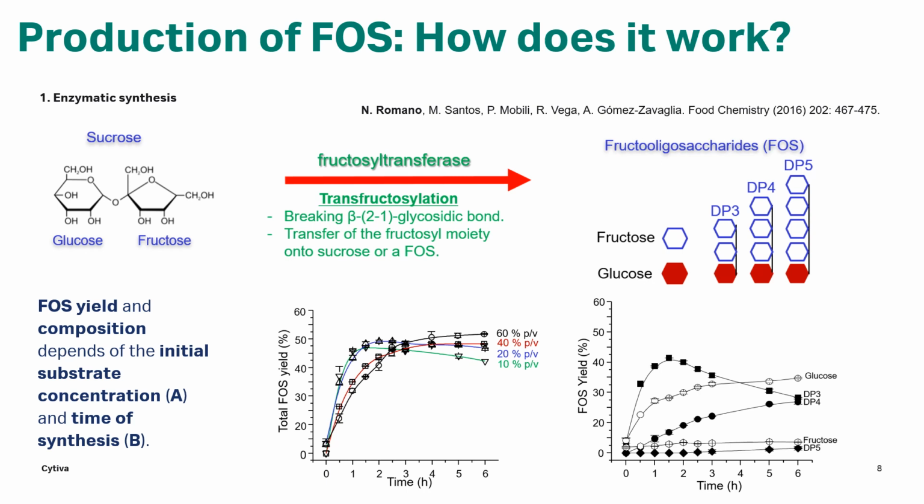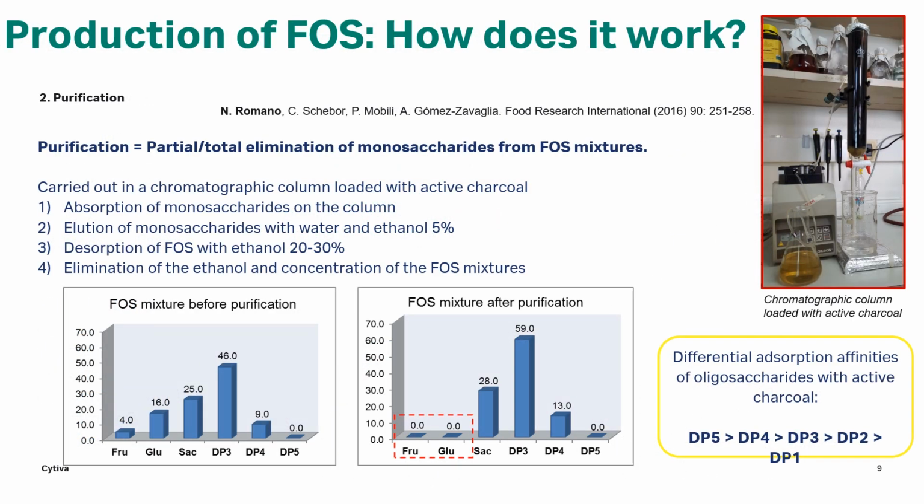We then add another fructose molecule to form what we call DP3. We then add another fructose molecule to make DP4 and so on. These can be synthesized using known techniques, some are shown on this slide, and the composition of the FOS mixture can be modulated based on the initial concentration of the building block molecules and the time of synthesis.